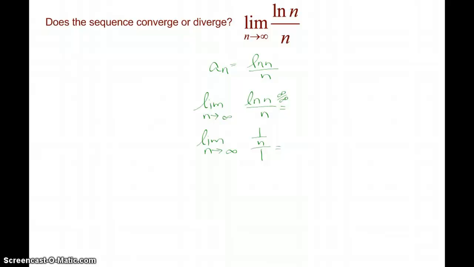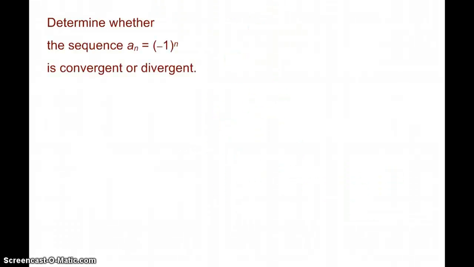These are nth terms, so it's going to be done in terms of n. So now when I try to evaluate this again, I get 1 over huge, which is 0. So a sub n, which equals natural log of n over n, converges, and specifically converges to 0.